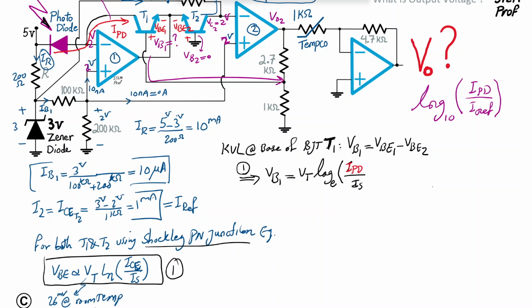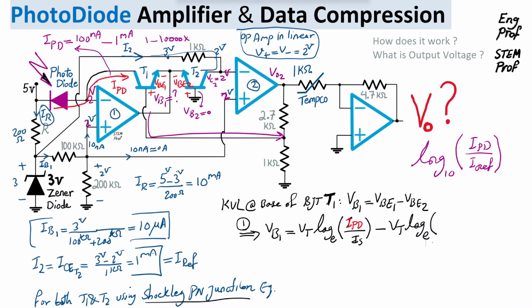So saturation current. For the substitution for VBE2, again VT, again natural log, log base E. And then this time we have, as was mentioned, I2, which is going through the collector emitter of transistor T2.